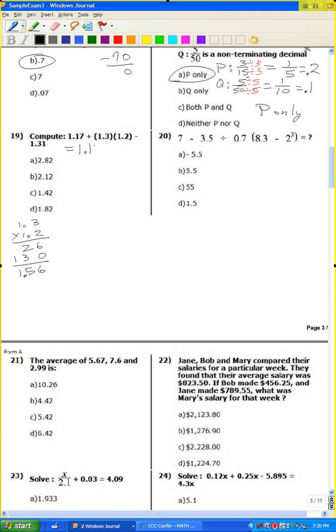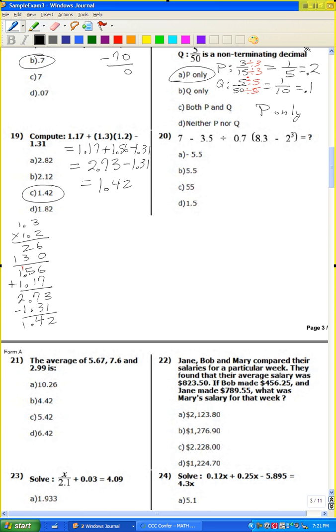So 1.17 plus 1.56 minus 1.31. So let's add 1.17 and 1.56. And so you get 13, carry the 1. 7, 2. 2.73 minus 1.31. And so 2, 4, 1, 1.41. 1.42. C.